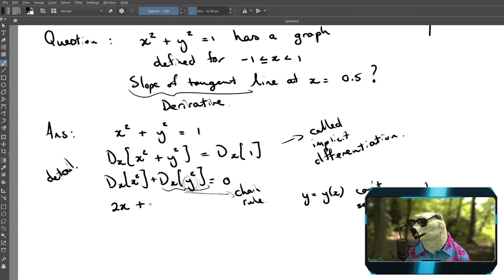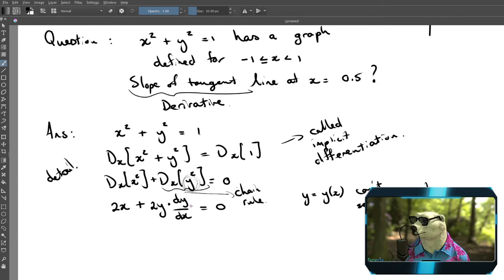The chain rule says take the derivative of the outside function, 2y, times the derivative of the inside function. But with this approach, I can't see the detail of the inside function to do that second part of the chain rule. So all I can say is, look, I know I have to do it. I don't know what it is. I'm going to stop there and just leave it in its named form because I don't know how to go further with that. But that's also not the goal.